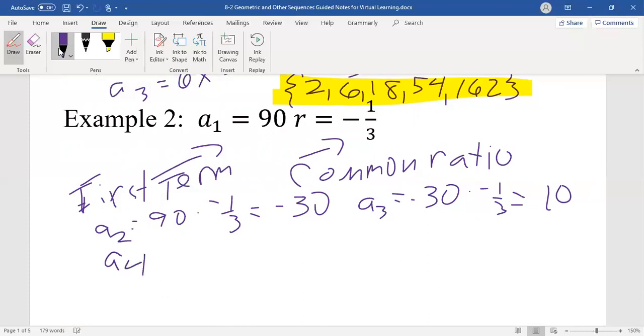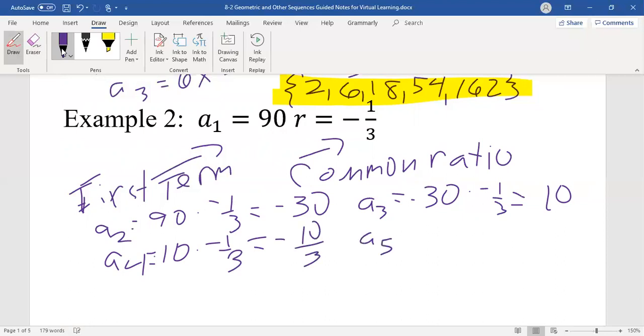To get A4, that'll be 10 times -1/3, which will be -10 thirds.